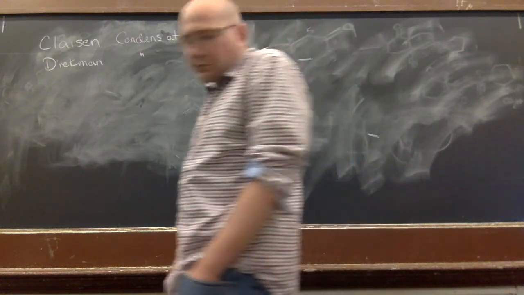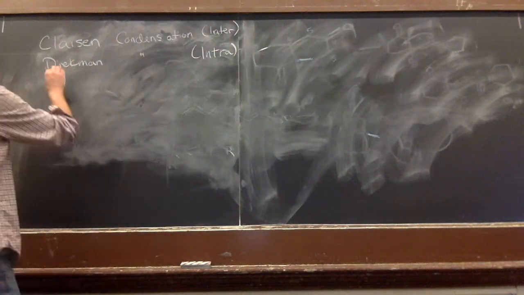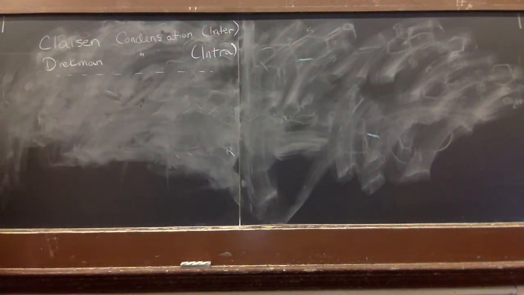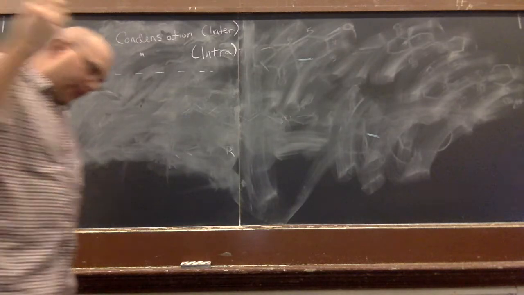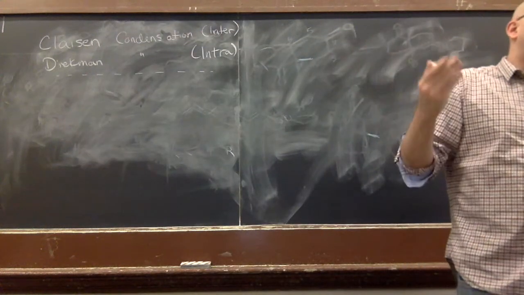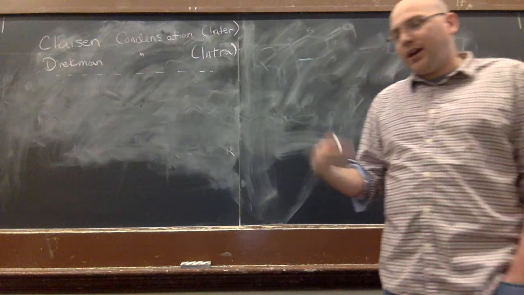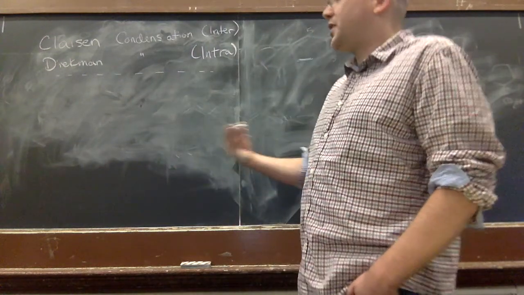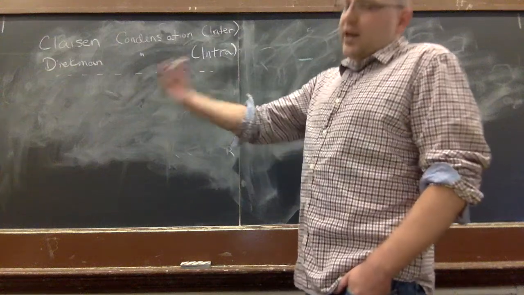Okay. So what differentiates Claisen and Dieckmann condensations from what we've seen to date is, we've seen aldol chemistry where we take an enolate, or in the case that we just saw, an enamine, and treat it with an aldehyde, and we can do the aldol condensation. So that's one example of an enolate reacting with a carbonyl.